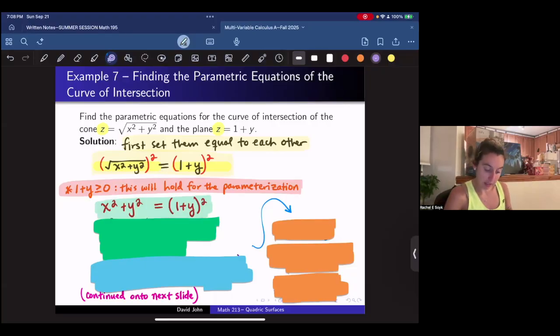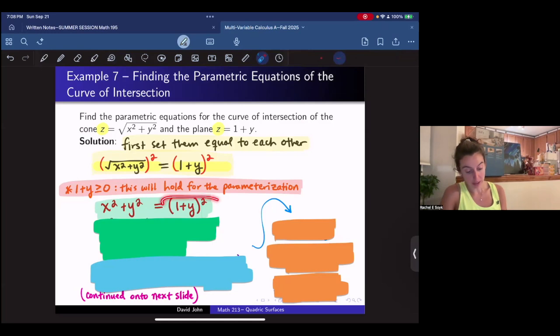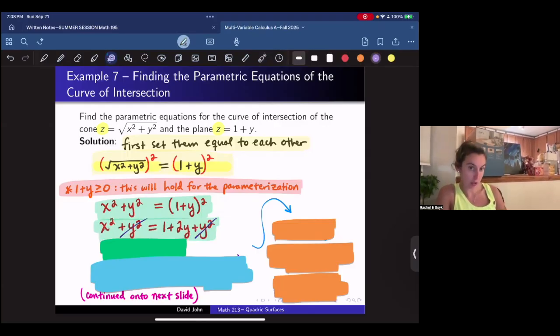Then we get x squared plus y squared is equal to (1 plus y) squared. Then we're going to go ahead and factor this right-hand side. So that becomes 1 plus 2y plus y squared. And then we'll subtract y squared from both sides, which cancels out the y squareds, so that we're left with x squared is equal to 1 plus 2y.